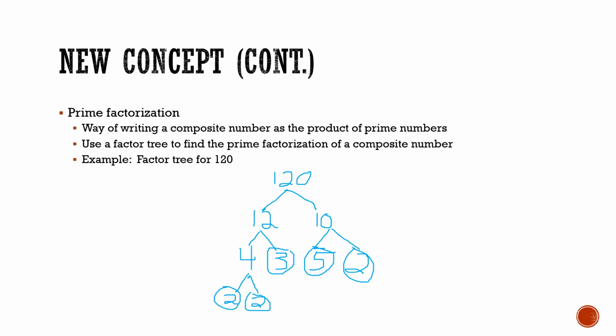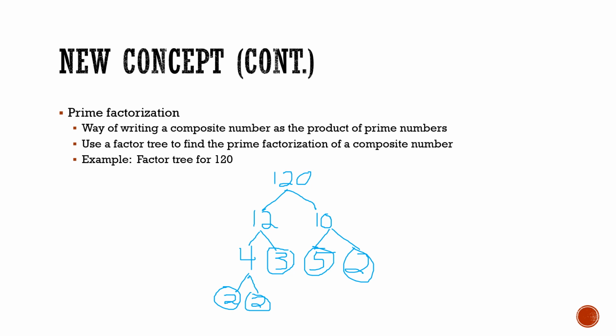So then I just list them in order from least to greatest, and usually they put a dot in between them. And we're going to make sure that for now we don't need to use exponents yet. We'll talk about that later on in the year, but for now we just make one long multiplication problem.